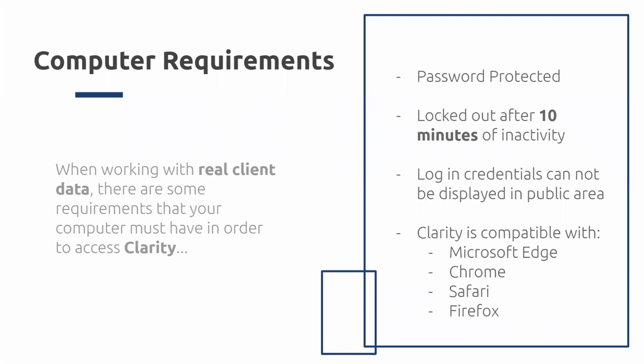Your computer must be password protected at all times. It must be locked out after 10 minutes of inactivity. Login credentials cannot be displayed in a public area, meaning that your username and your password should not be written on a post-it note and stuck on your desk for anyone to see.